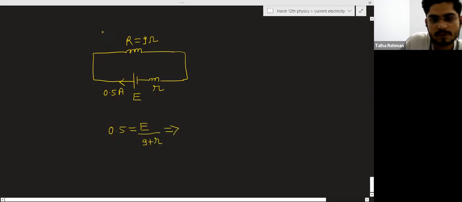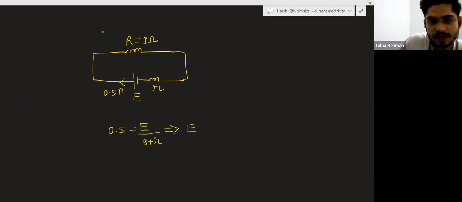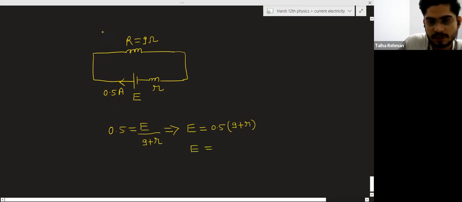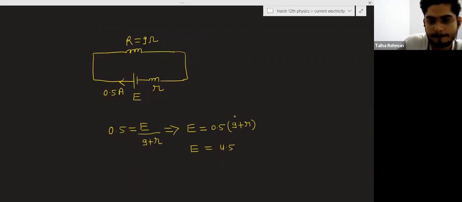When you solve this, you will get E is equal to 0.5 times 9 plus r. When you multiply 0.5 to 9, you will get 4.5 plus 0.5 r. This is your equation 2.